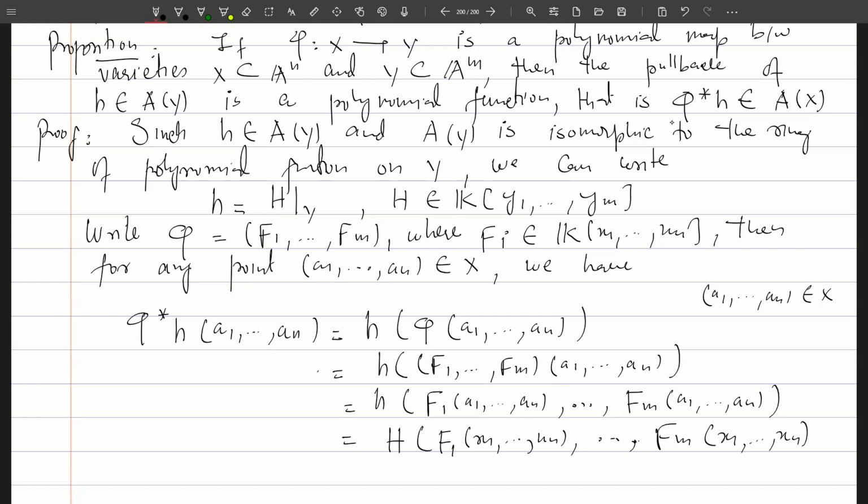So this is a polynomial. So now we can restrict this to x. So clearly this is an element inside Ax. So that means this pullback is also a polynomial function.